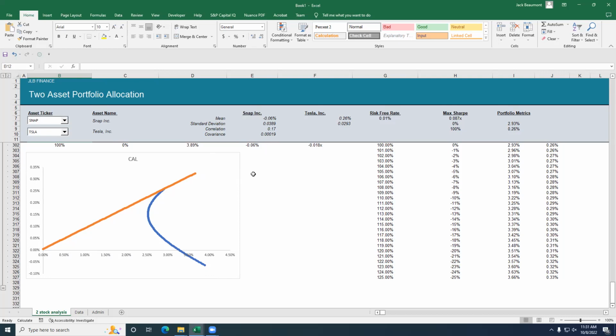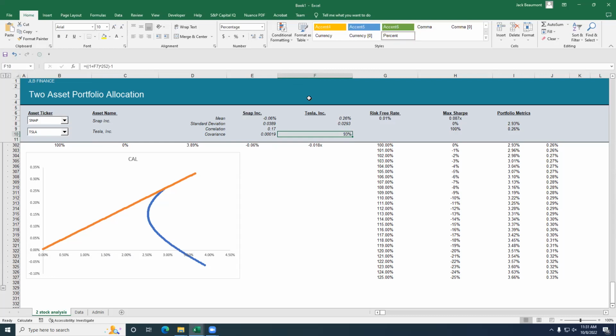Also, this is daily returns, so if this looks really low, that's because it's daily returns. If you see Tesla here, which has 0.26 average daily returns over this certain period, if I multiply that by 252, the number of trading days in a year, and then minus 1, wow, that gives us almost a 100% return.